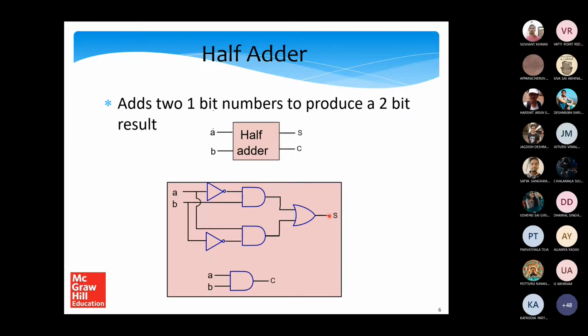Now assume that you have a circuit here. This is circuit 1, and this is another circuit. Each takes some number of inputs. X is going here, Y is going here. It's not a single bit, it may be multiple bits.